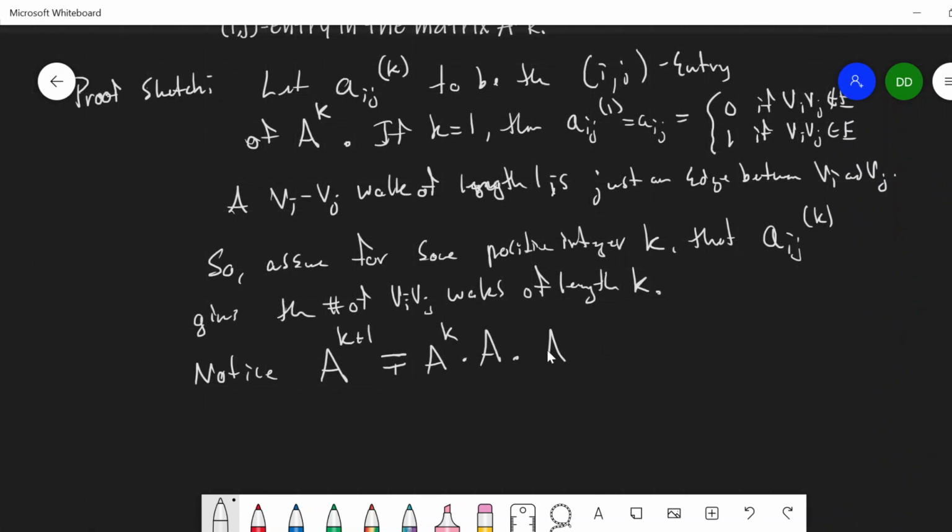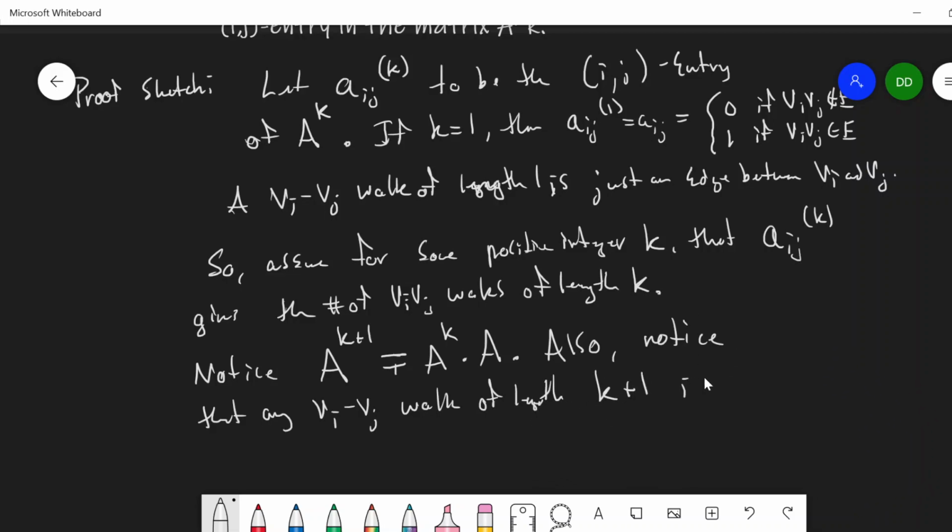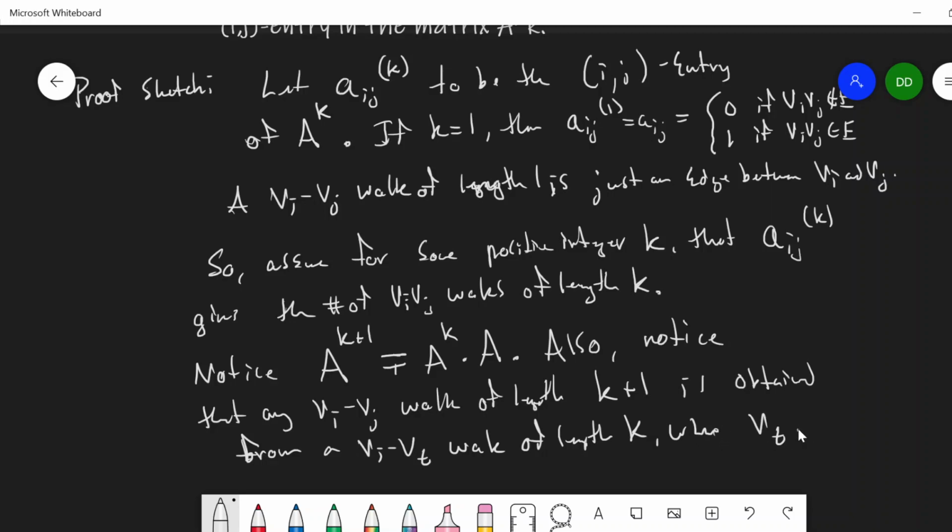So I'll also say, notice that any Vi-Vj walk of length K plus 1 is obtained from a Vi-Vt walk of length K, where Vt is adjacent to Vj.